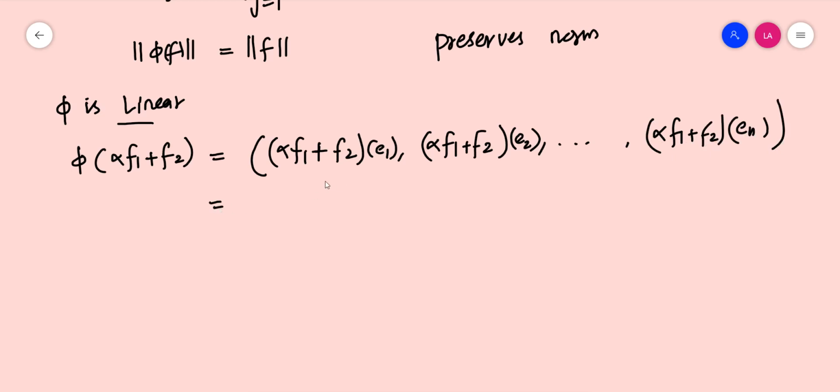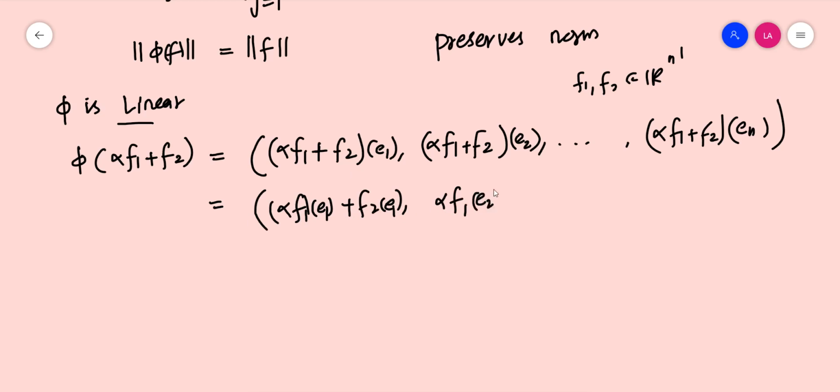Since f1, f2 belong to Rn dash are linear and alpha is a constant, this is equal to (alpha f1(e1) plus f2(e1), alpha f1(e2) plus f2(e2), etc., alpha f1(en) plus f2(en)).